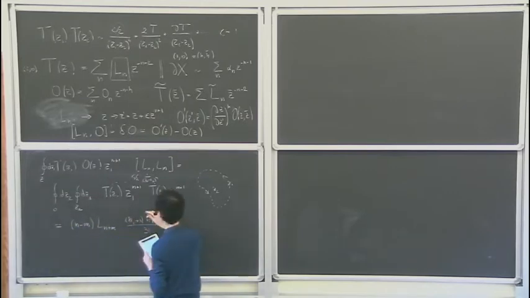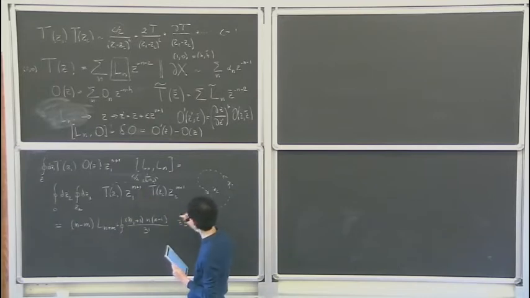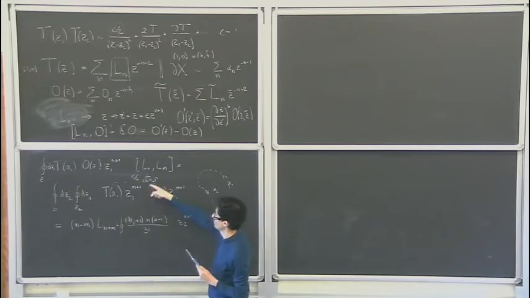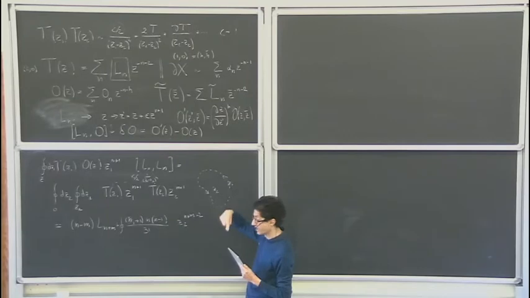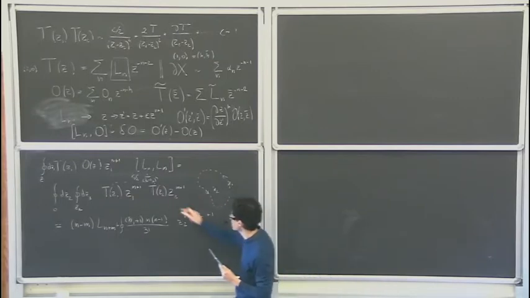And at the end, I will get z2 to the n plus m. The third derivative here gives n plus 1, n, n minus 1, and then m plus 1 from here. And then there is c over 2.